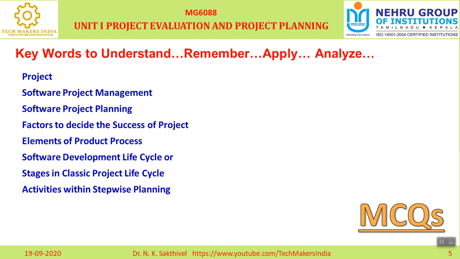Number one is select the project, and then identification of project scope as well as objectives. Third, identification of project infrastructure requirements. Fourth, analysis of project characteristics. Fifth, identification of project products and activities.